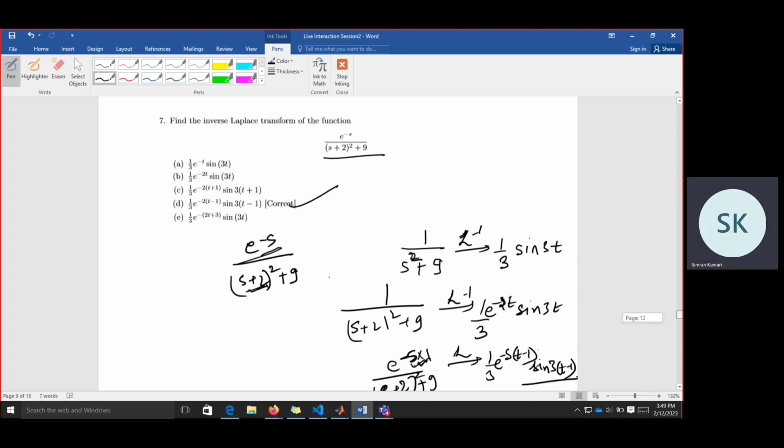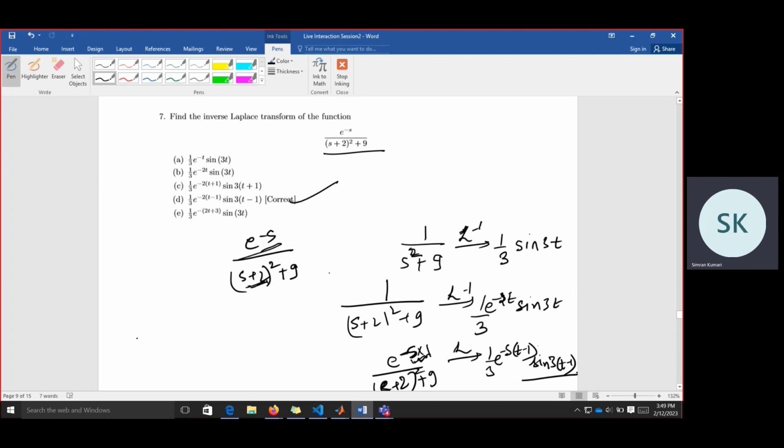So we have a number of properties related to the inverse Laplace transform.